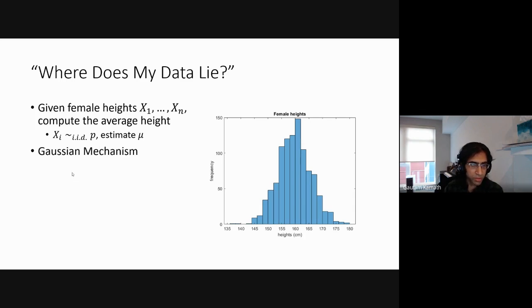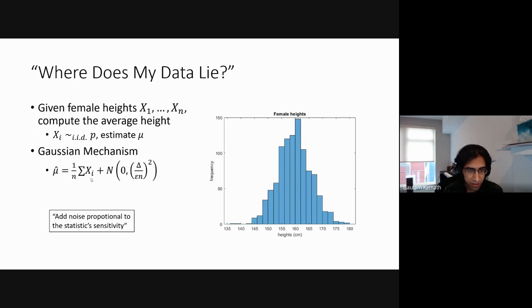So if you want to do it privately, what you can instead do is the Gaussian mechanism, which adds noise to the non-private statistic proportional to the statistic's sensitivity. Here's the Gaussian mechanism. Here's the non-private statistic. Here's the additional noise you have to add, where delta is the sensitivity of the summation. Many of you should be familiar that the sensitivity of the statistic, if you're just adding numbers up, can be very large.